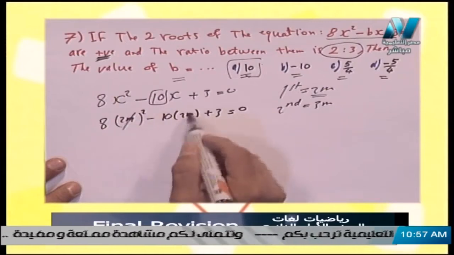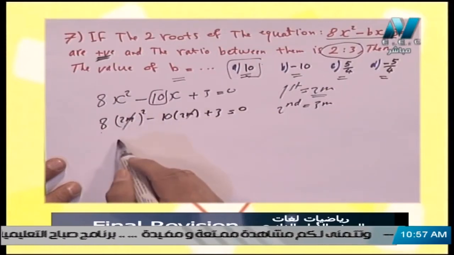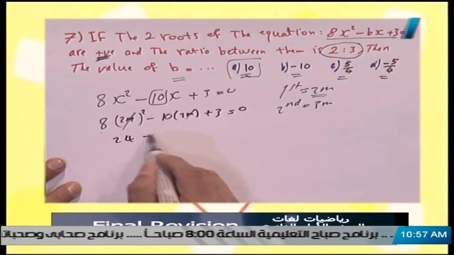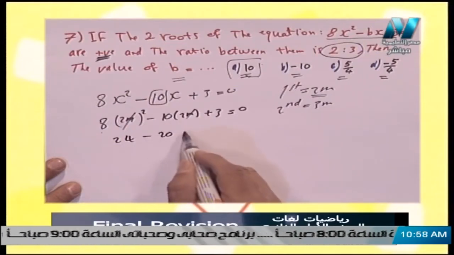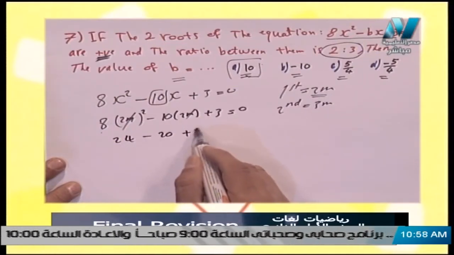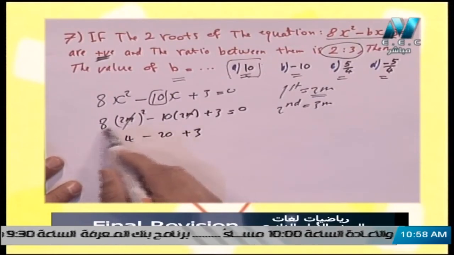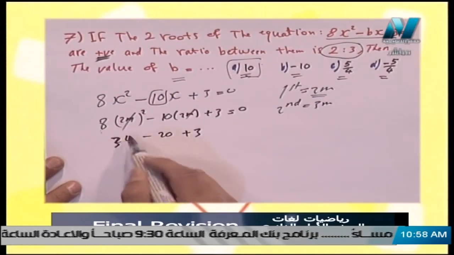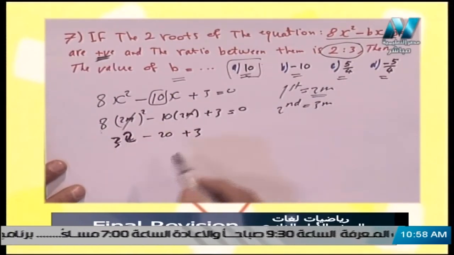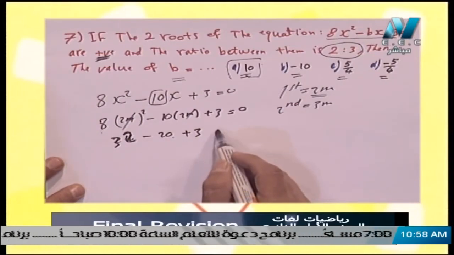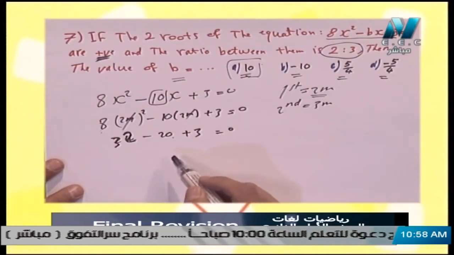Okay, we can cancel m. 4 times 8 equal 32, sorry, and this is negative 20 plus 3 is equal 0 or not?